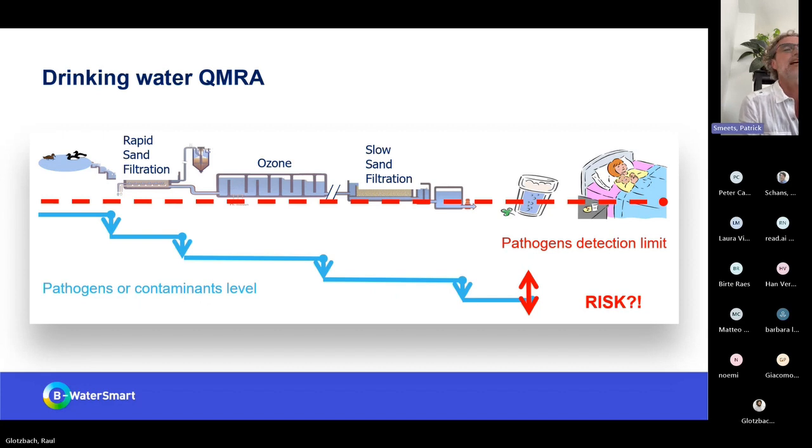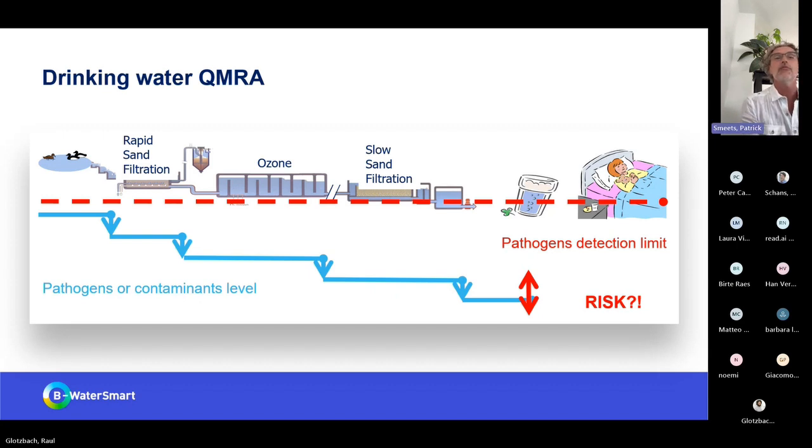And the reason for that is that we know that these pathogens are present in our drinking water sources. If we're talking about surface water, they receive treated wastewater, which still contains pathogens, but also combined sewer overflows and runoff from land. So there's many pathogens in the surface water sources.